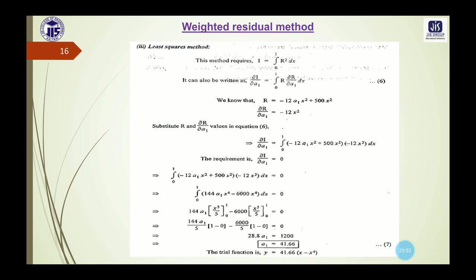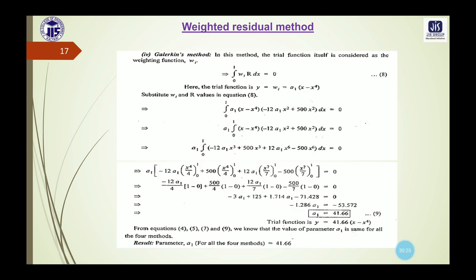After the multiplication, we will get integration 0 to 1 of 144 a1 x to the power 4 minus 6000 x to the power 4 into dx equals 0. If we do the integration within the domain 0 to 1, then after several steps we'll get the value of a1 as 41.66. So the trial function is again the same, 41.66 into x minus x to the power 4, which we got in case of subdomain and point collocation method also.